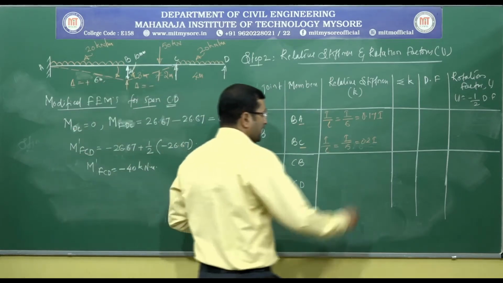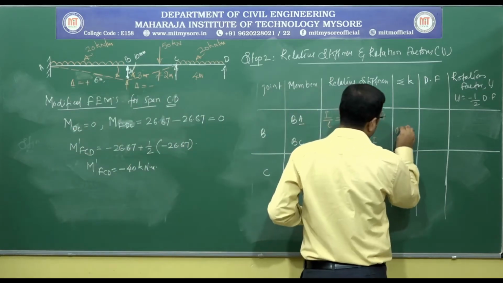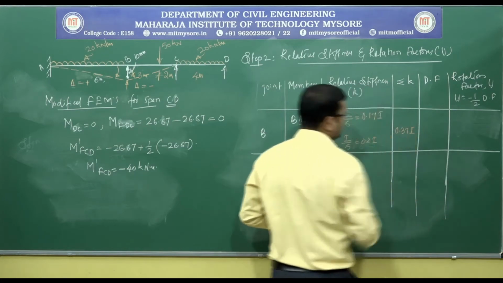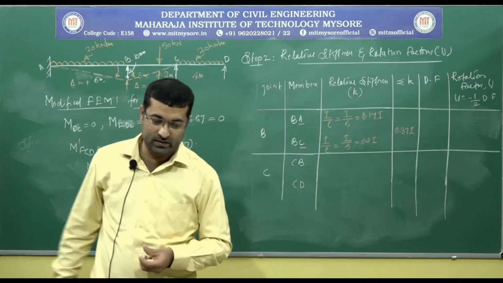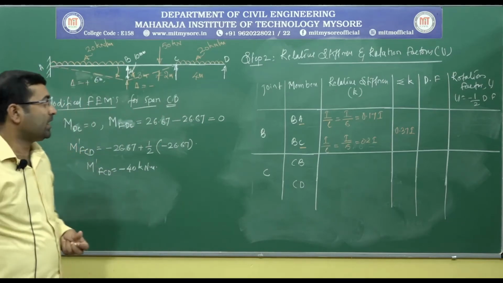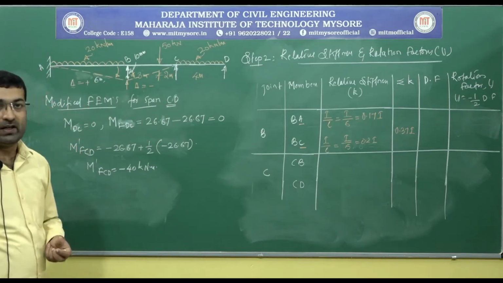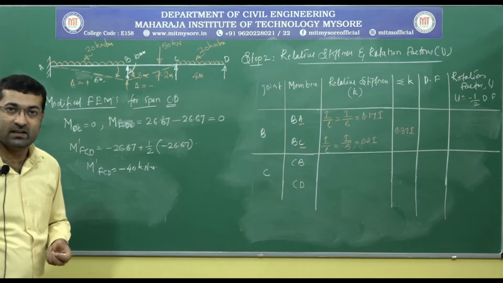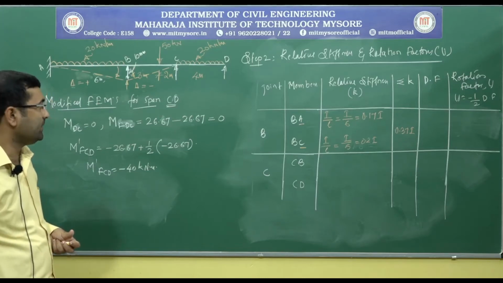So the total K is 0.37 I, the total relative stiffness at joint B. Similarly, for joint C, we have two members, one is CB and another one is CD.